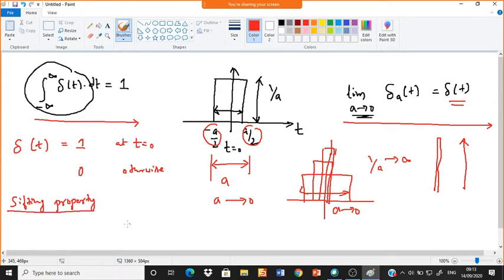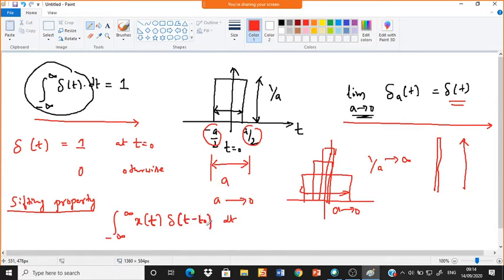If you take the integral from minus infinity to plus infinity of any signal x of t into del of t minus t naught dt. Sorry, the earlier one was in the discrete domain, no? So in the time domain we take t minus t naught.